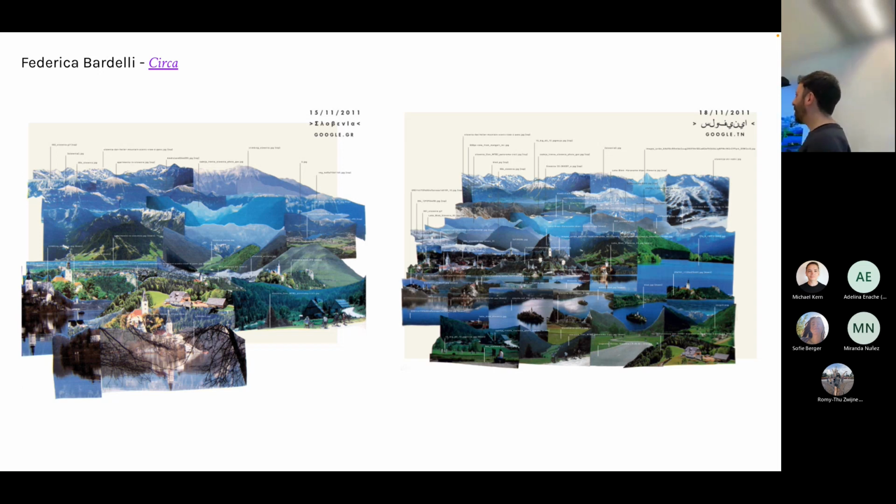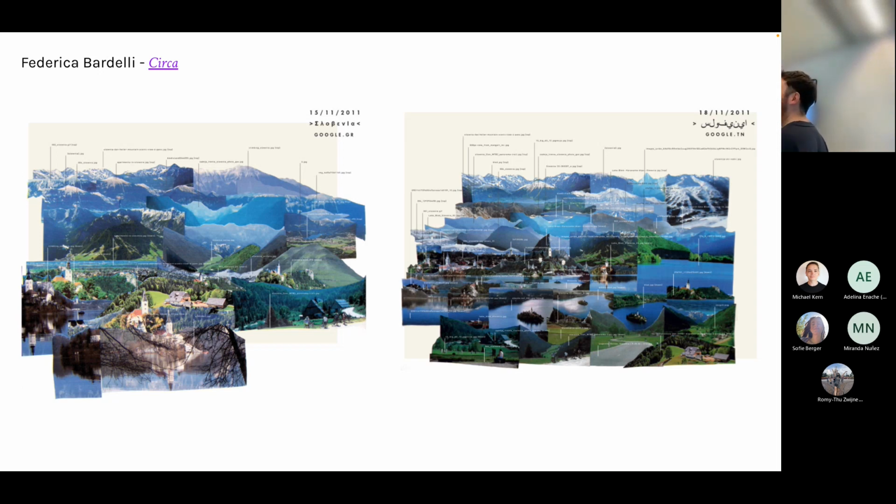She searched, for example, Slovenia in Google Images of Greece, and Slovenia in Google Images of Tunisia. She used this as a way of asking how Tunisia and Greece are imagining Slovenia on Google.